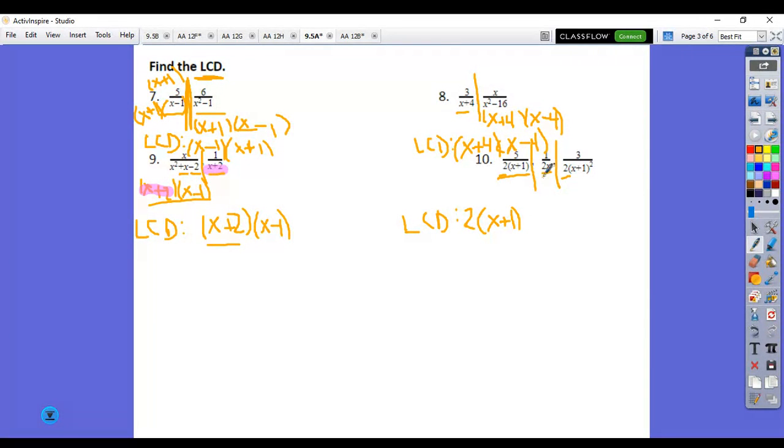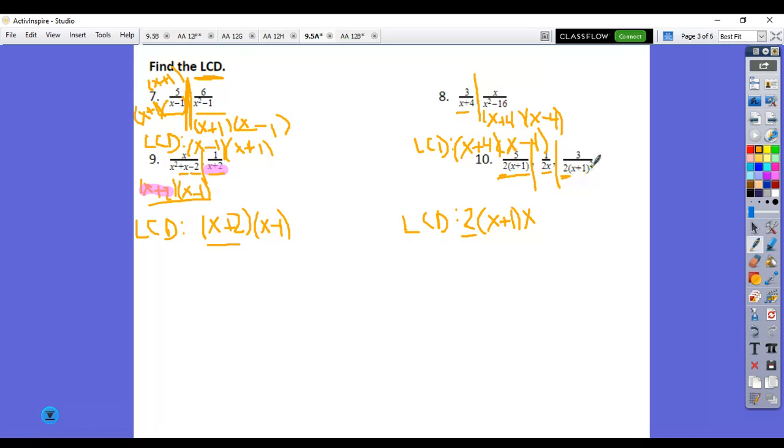My two factors in this denominator are 2 and x. I already have a 2, but I don't have just a plain x. This x is connected to the plus 1. So I also need a plain x. Then when I jump to this one, I already have a 2. What does x plus 1 squared mean?